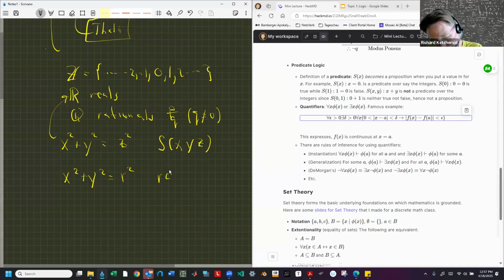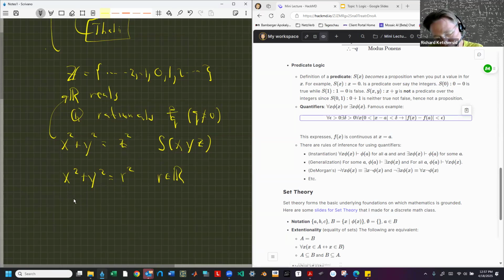Let's say r is a specific element of the reals. Then what we have here is a circle. So you know graphically how to express the set of places where this is true for a specific r. Like the unit circle is the set of x, y such that S(x, y, 1) holds.